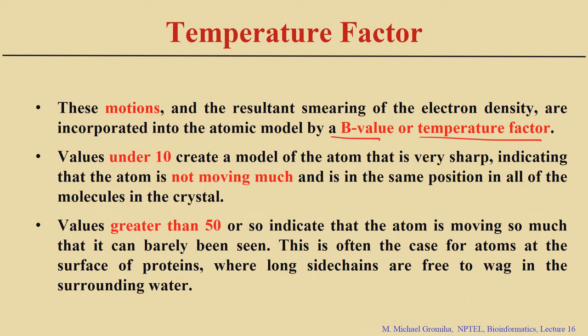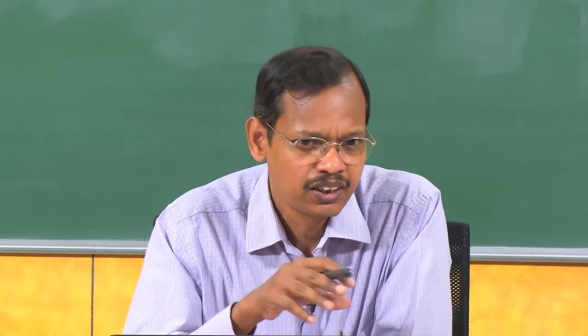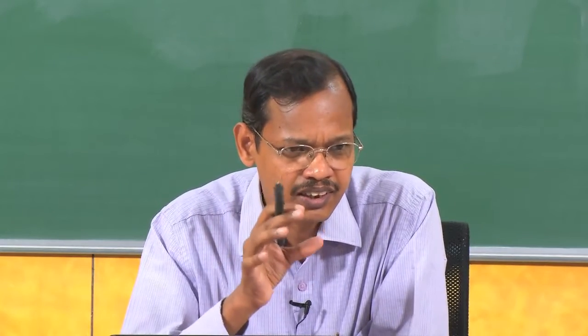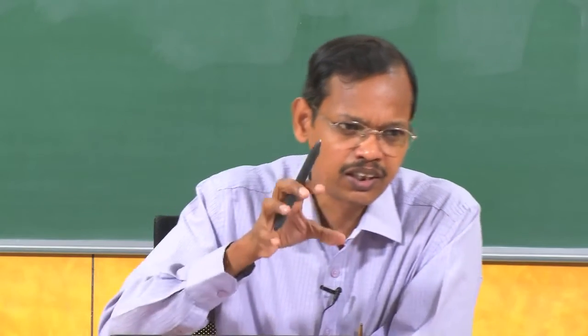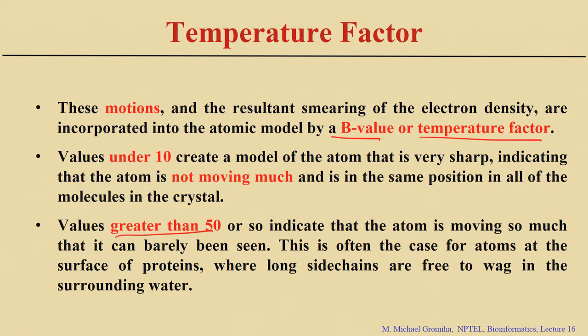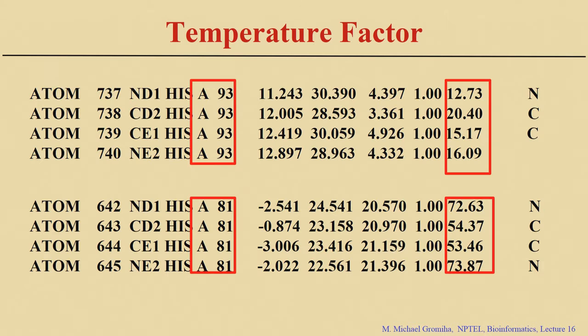Essentially, if the number is less than 10 or less than 20, then we can say that the vibration is less and they are rigid, and they have a particular position in the structure. If it is more than 50, then the atom is moving here and there and the fluctuations are more. In this case the temperature factor, or the B factor, is high. So this is one example.